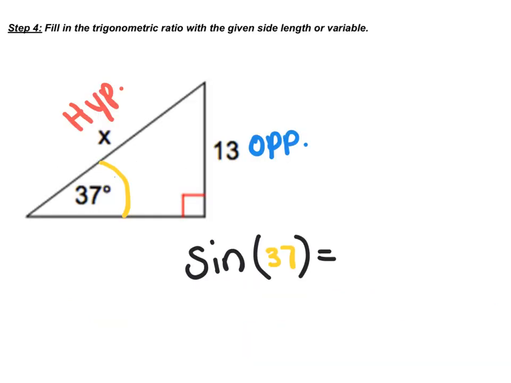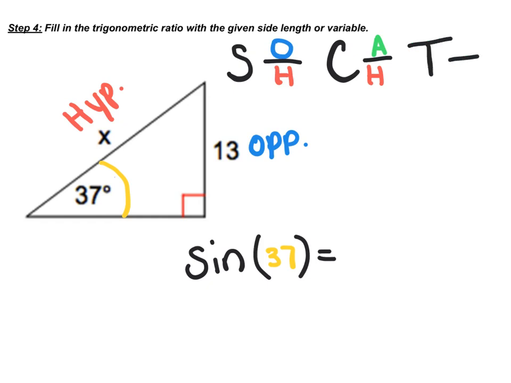So for our problem, this was where we were. Now if I use the relationship SOHCAHTOA, so it's sine is opposite over hypotenuse, cosine is adjacent over hypotenuse, and tangent is opposite over adjacent.